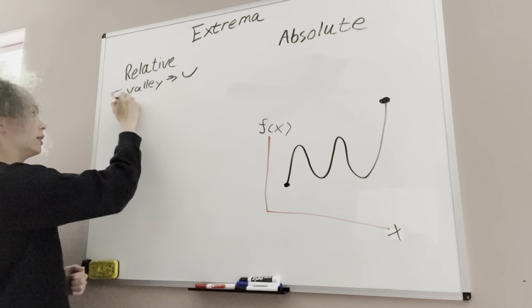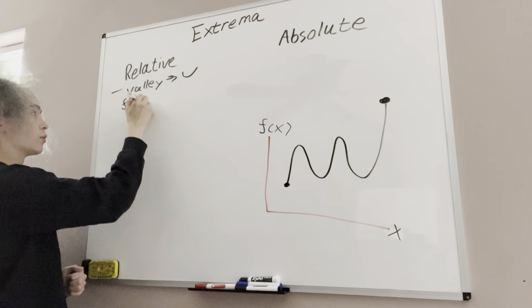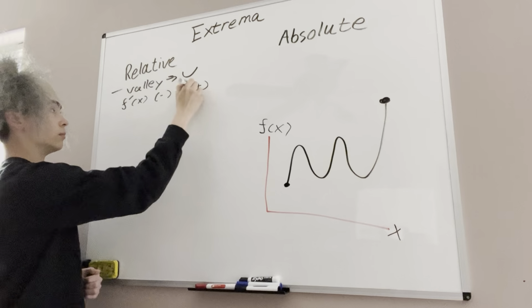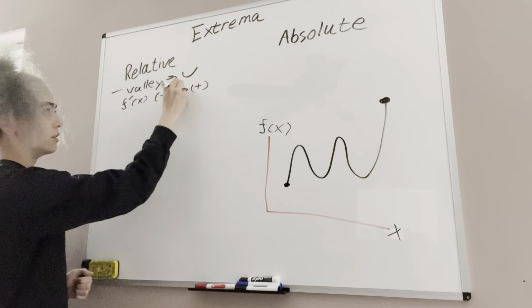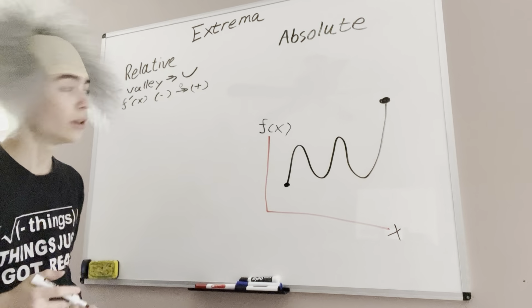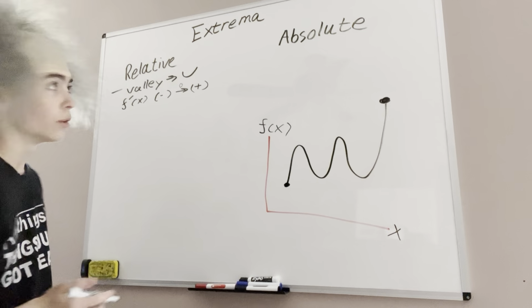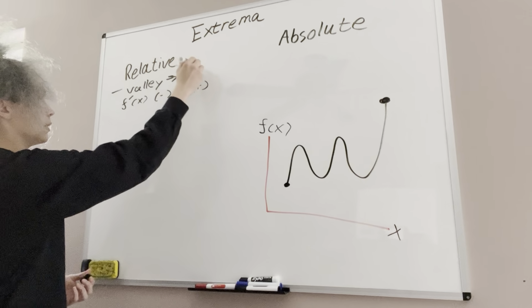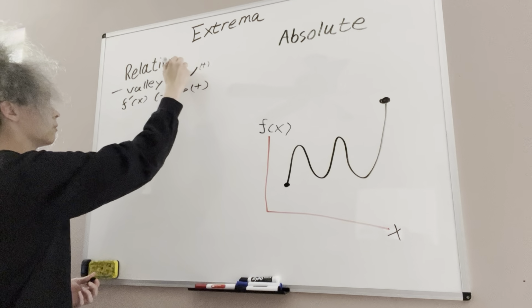Your derivative goes from negative to positive, right? Somewhere in the middle, it's going to hit 0 because you're going to have that horizontal tangent. Your derivative is continuous, right? Negative over here, positive over here, f prime of x.